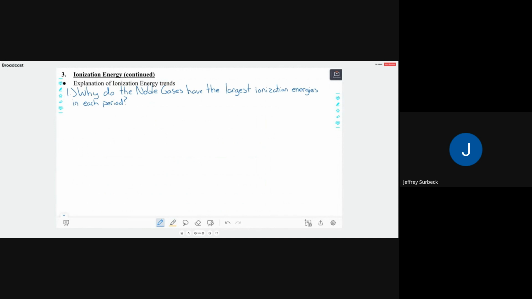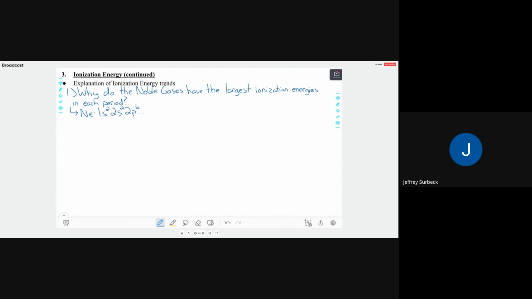Let's turn back to electron configuration and look at the electron configuration of neon in period number 2. The electron configuration would be 1s2, 2s2, 2p6, okay? In the case of ionization energy, we lose 1 valence electron.